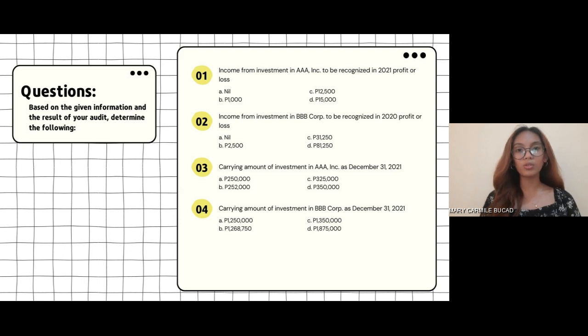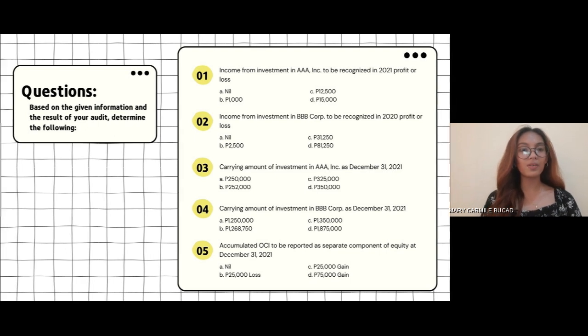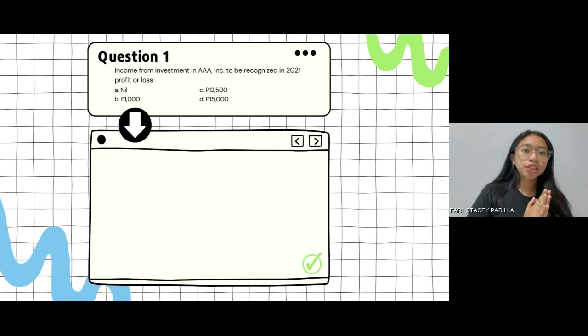B. 1,268,750. C. 1,350,000. And D. 1,875,000. And lastly, number 5. Accumulated OCI to be reported as a separate component of equity at December 31, 2021. A. Nil. B. 25,000 loss. C. 25,000 gain. And D. 75,000 gain.